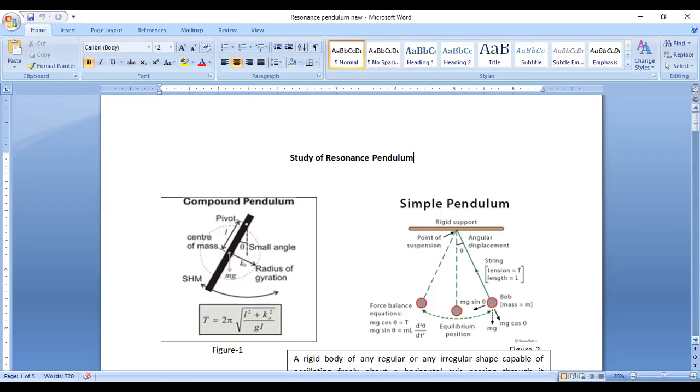You already know about the simple pendulum. Basically, a simple pendulum is a body of mass m suspended by a string from a fixed support.